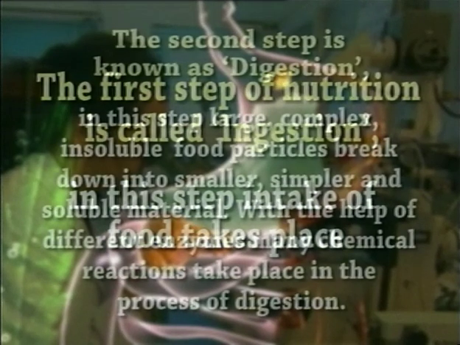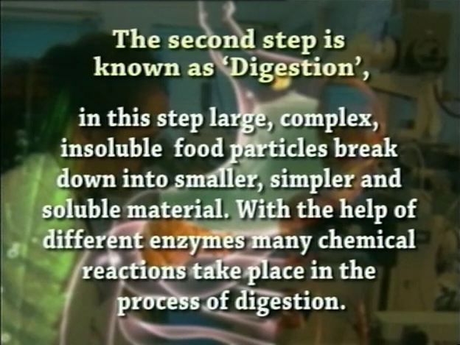After that, the next step is digestion. You know, in the food, large insoluble molecules are there, and they are converted into simple soluble molecules. But how are they converted? That is in the process of digestion. In digestion, many enzymes are involved in these chemical reactions, and complex food is converted into simple food.